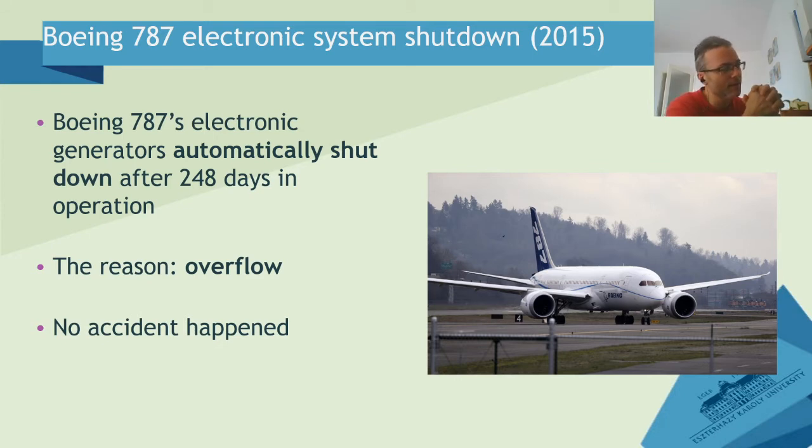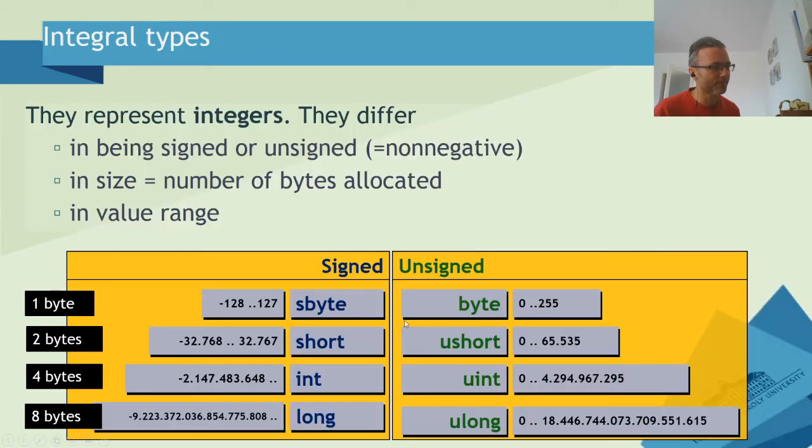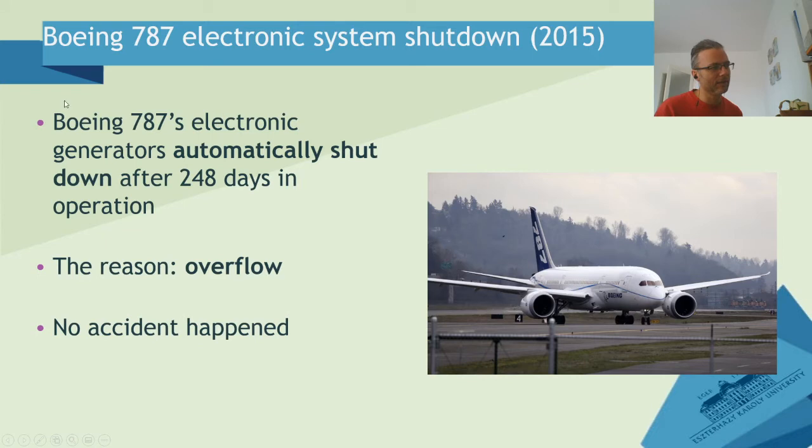Probably the programmer used an integer type, a 32-bit type, whose maximum value is roughly 2 billion. In the software of this airplane, the programmer used a counter and increased the counter every time. When it reached 2 billion, it overflowed, and then the system automatically shut down.